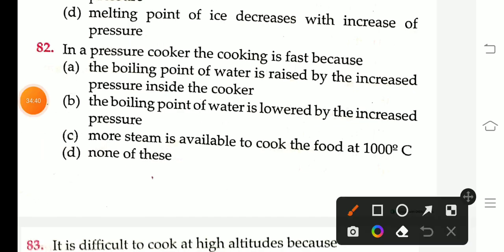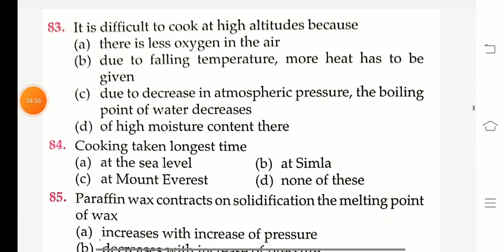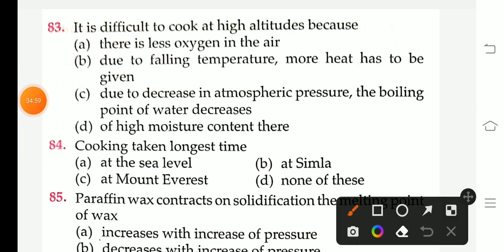Right answer will be option A. The boiling point of water is raised by the increased pressure inside the cooker. Next, it is difficult to cook at high altitudes because. Right answer will be option C. Due to decrease in atmospheric pressure, the boiling point of water decreases.